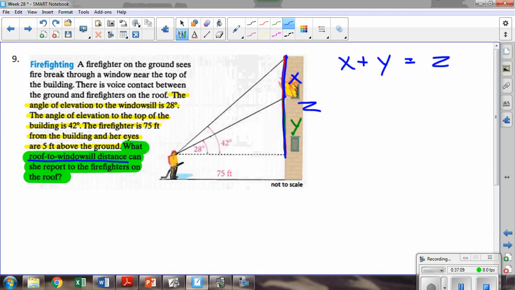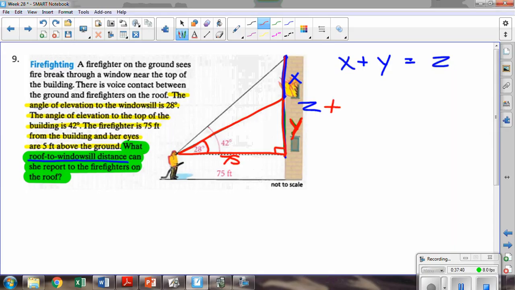And when we had these types of pieces in our homework, we recognized that we could start off with a triangle right here. We could start with this right angle and figure out the length of Y. Let's build an equation to get Y. Well, what trig identity would we be able to set up? We know that we have a 28-degree angle. We know that we have a 75 length side.